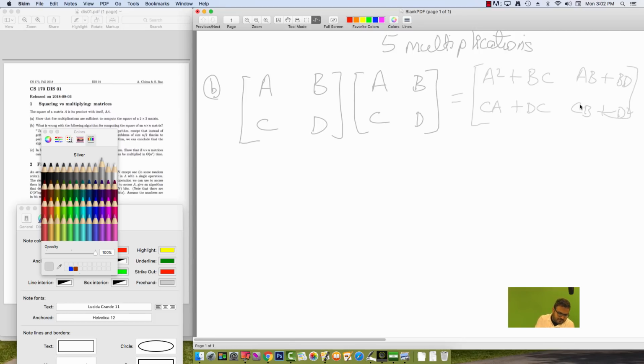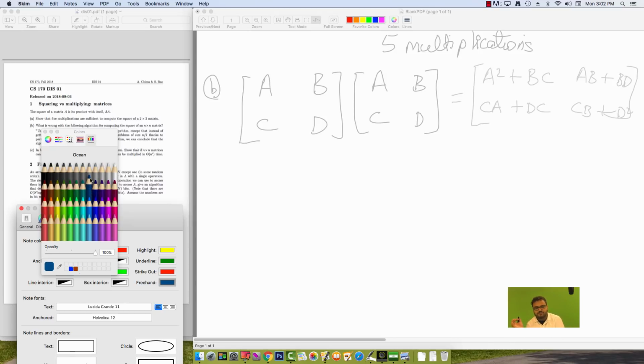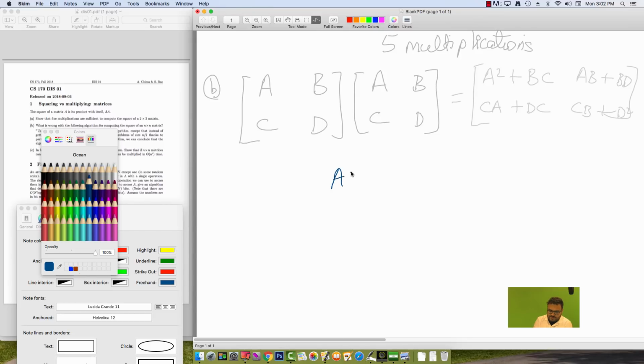So unlike in the previous part, there is a question. Why does this not work? First of all, this is not 5 multiplications. Unlike in the previous part, where we were able to write AB plus BD as B times (A plus D), we cannot do that here.